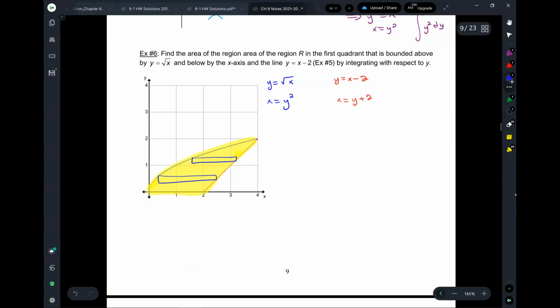The region stretches from y equals 0 to y equals 2. So the area is the integral from 0 to 2 of the rightmost function, y plus 2, minus y squared, dy.